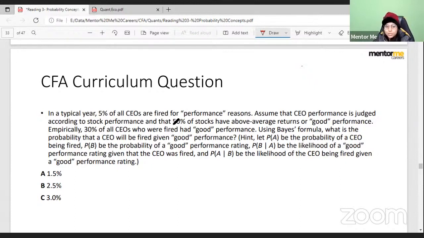Okay. So 50% of the stocks have above average returns or good performance. Empirically, that means historically, 30% of all the CEOs who were fired had good performance. Using this formula, what is the probability that the CEO will be fired given good performance?